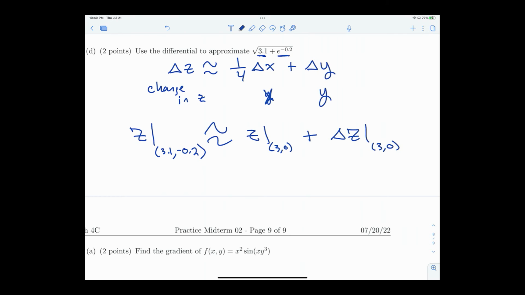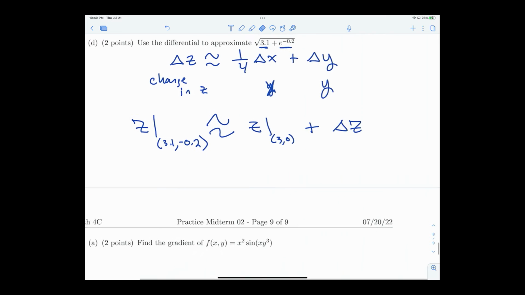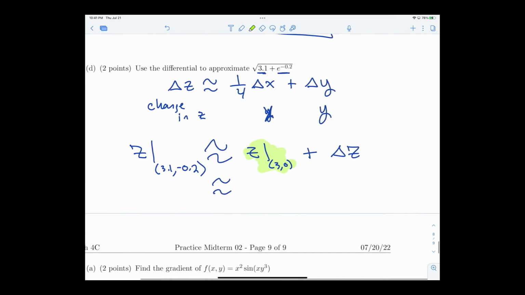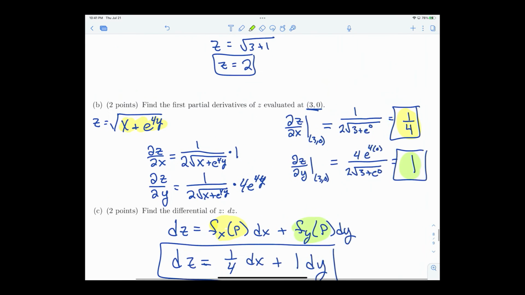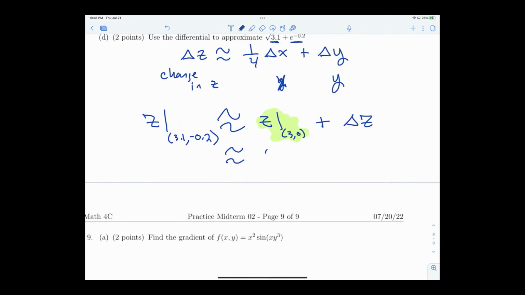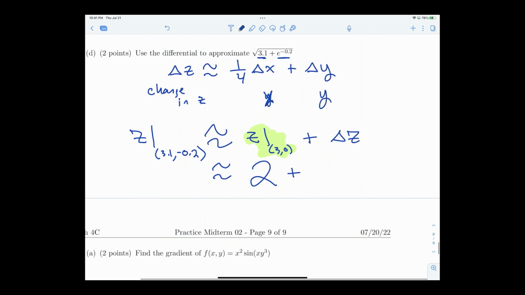It's plus the delta z, but you need to figure out the change in z in order to do this. So let me start filling in numbers. What is z evaluated at (3, 0)? I think we started with that. It is 2. So that's where we're starting. And then you want plus 1/4 delta x plus 1 delta y.